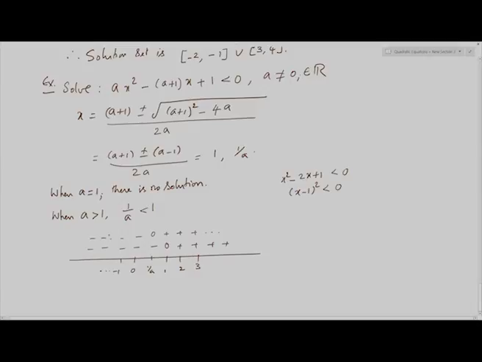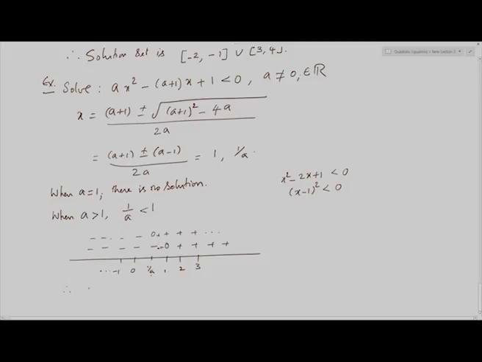To make this inequality less than 0, both factors should have opposite signs. One plus and one negative happens only in between 1 by a and 1.